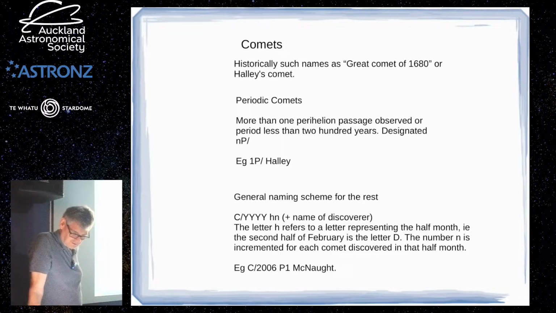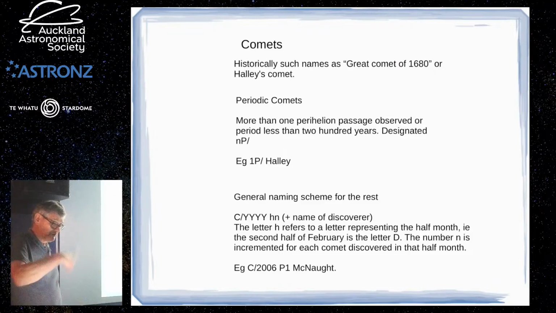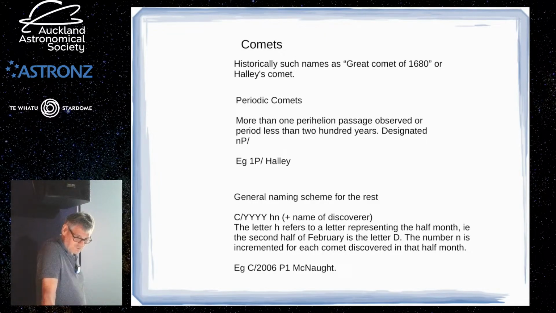Halley's Comet is an interesting one that we'll mention because some comets are recognised as periodic because they've been observed more than once, because their orbit around the Sun brings them back within the time that humans have been recording this stuff well enough to recognise that it's the same comet returning.